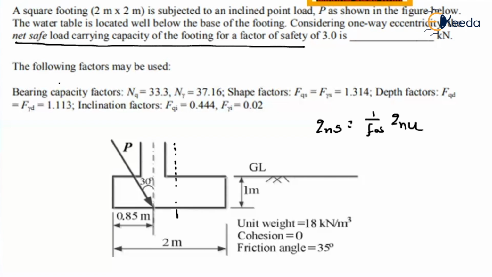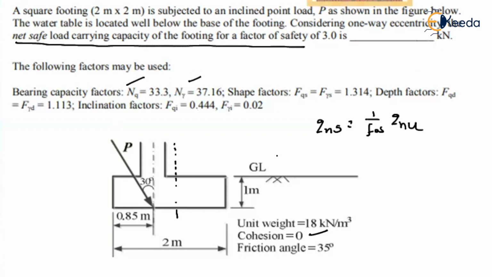Let us see what they've given. Cohesion is given directly as 0. That's why the Nq value is given and the gamma value is given. Shape factor is given, depth factor is given, inclination factor is given directly. It is a rectangular footing. If nothing is given, then what will we consider?